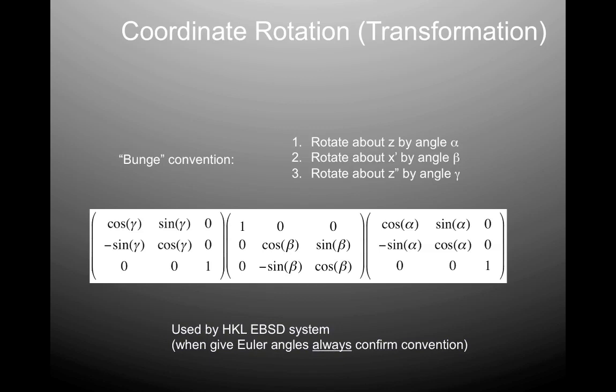Now, in different instruments and different papers, you'll find either of these conventions used for Euler angles. For instance, HKL uses the second convention, and so when using Euler angles, you always have to confirm which convention is being used.